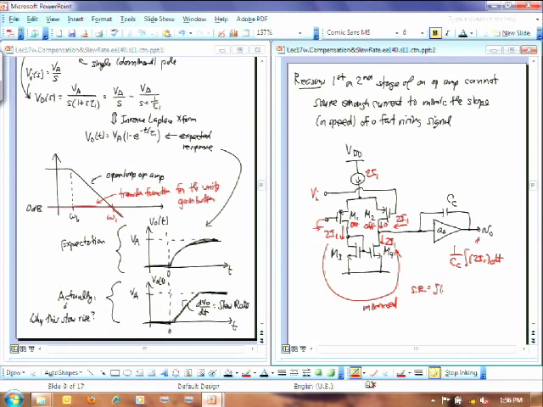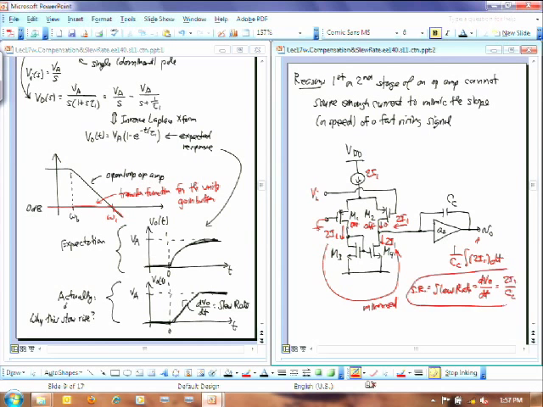So in your lab, when you see slew rate, this is what we're talking about. We're talking about the fact that you cannot source enough current out of your lab amplifier to charge up this capacitor fast enough. And as a consequence, what you see in your lab is something like this.